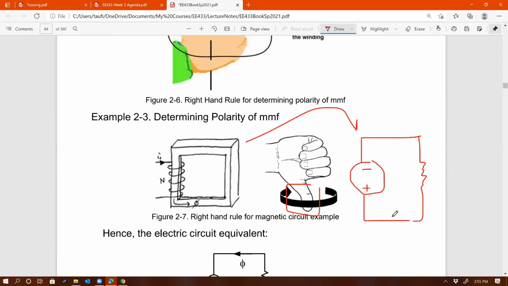So therefore flux will flow counterclockwise because of that. All right. Any question on this?